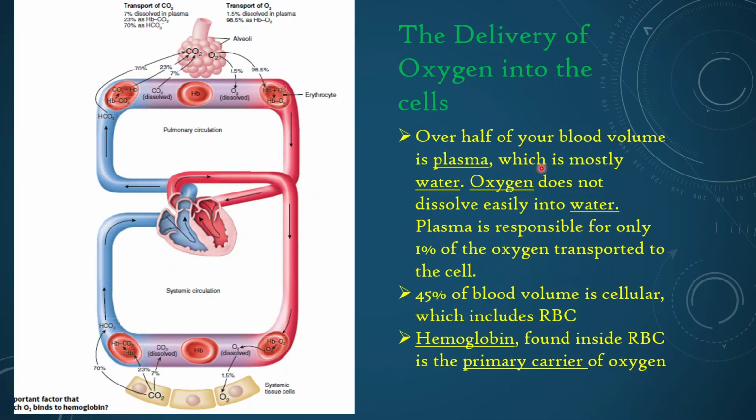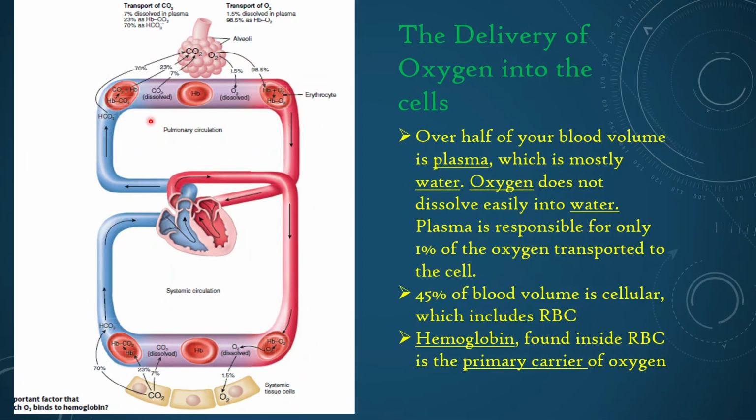So over half of your blood volume is plasma, which is mostly water. We know that oxygen does not dissolve easily into water, right? So plasma is responsible for only 1% of the oxygen transported to the cell. 45% of blood volume is cellular, which includes red blood cells.